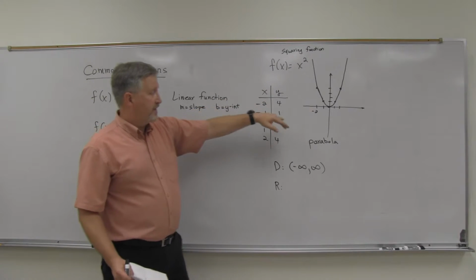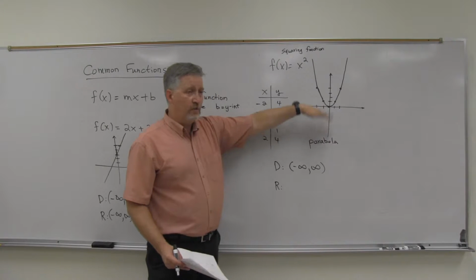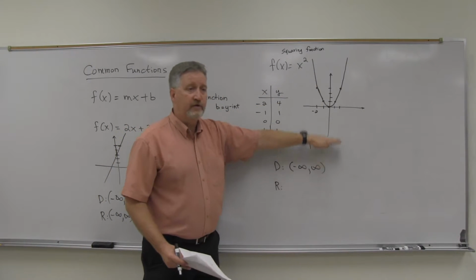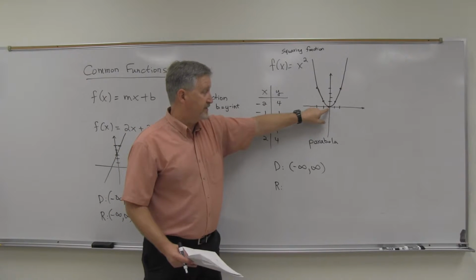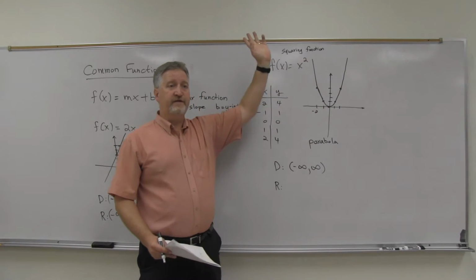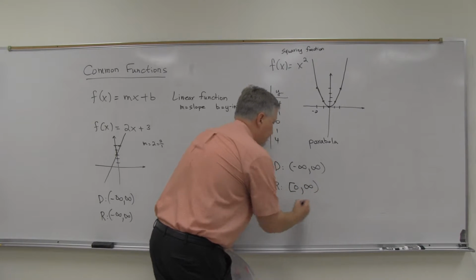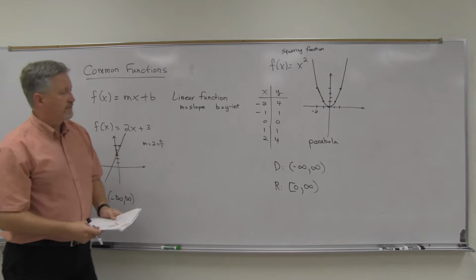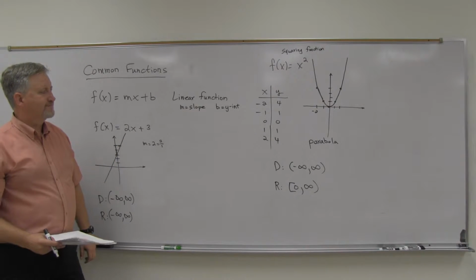You can think about it from the equation too, but if you look at the graph, the range, the y values, there's nothing below the x-axis. So there's no negative y values. The y values basically start at 0, don't they? 0 to infinity. So the range for the squaring function is 0 to infinity. We don't get any negative y values for that one.